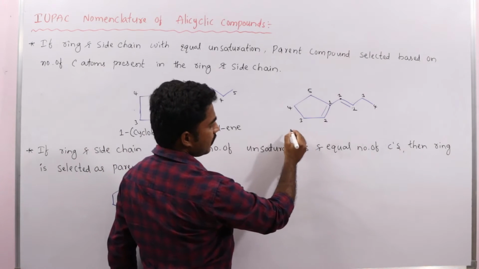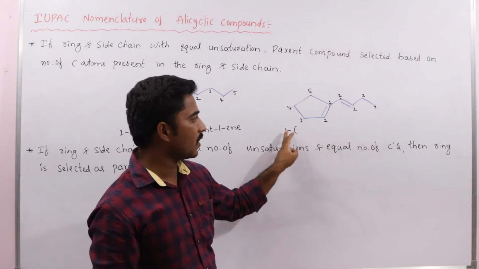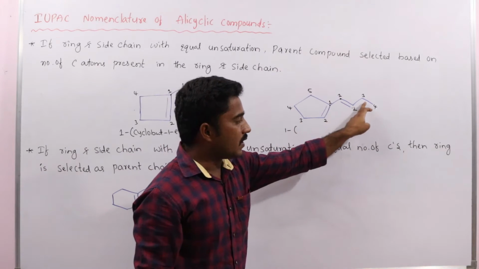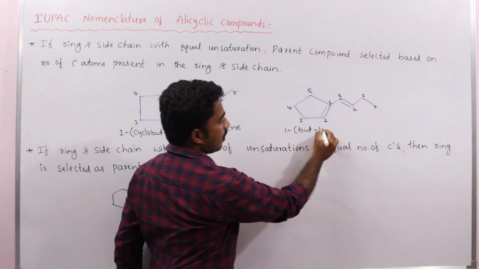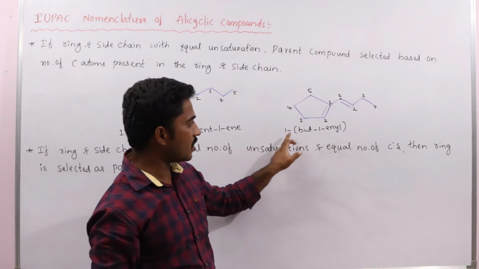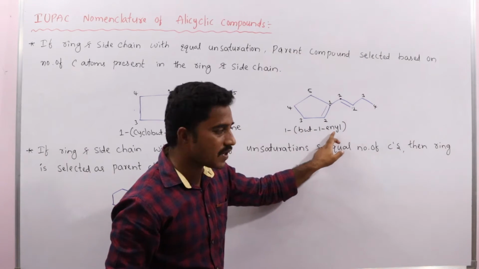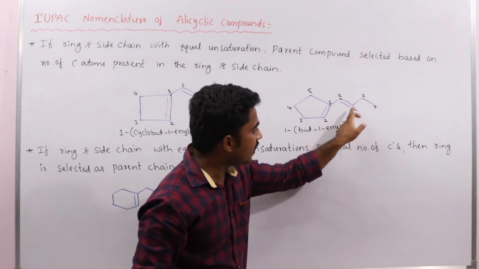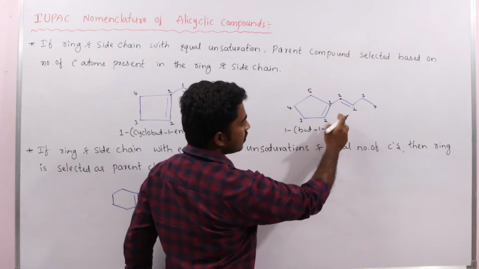Here write the name of the substituent: but-1-enyl. At the first position of the parent compound, but-1-enyl is present. Then write the root word.